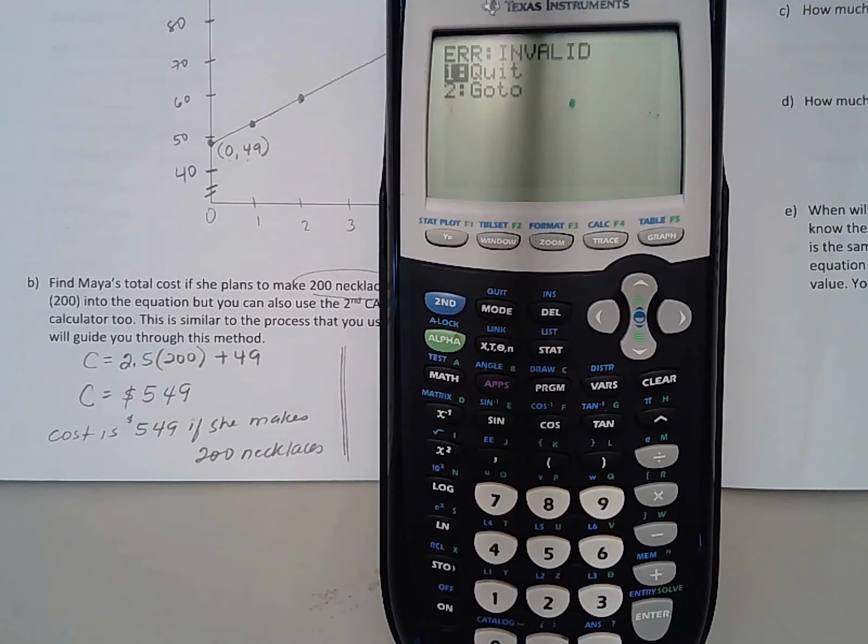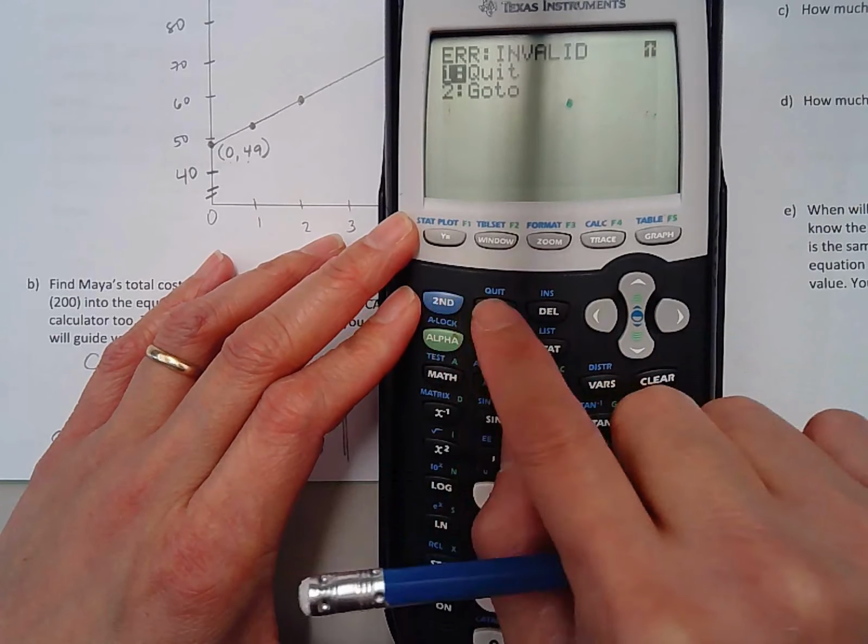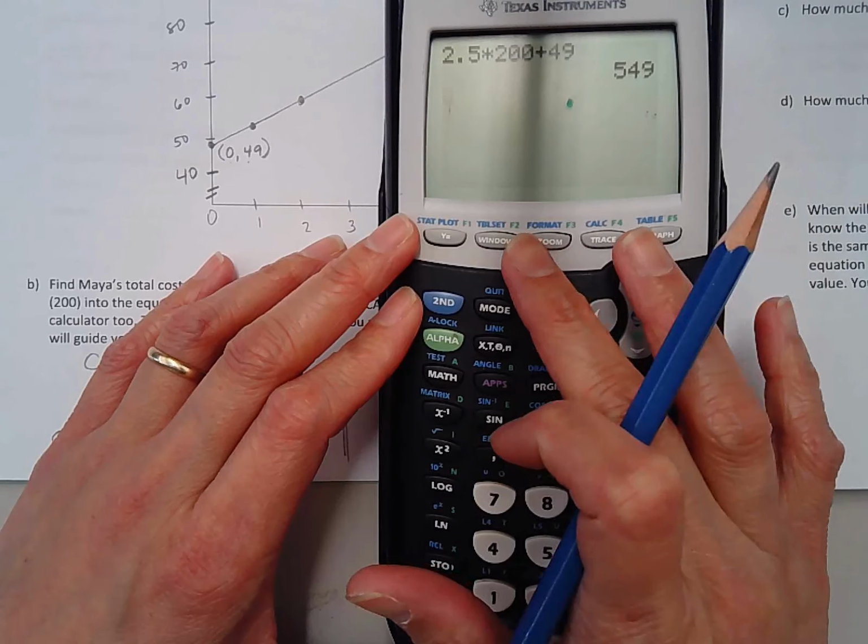What do you think we need to do? Change your window. Because remember, our window only goes up to x equals 10, but we're calculating up to 200. So window, clear that.